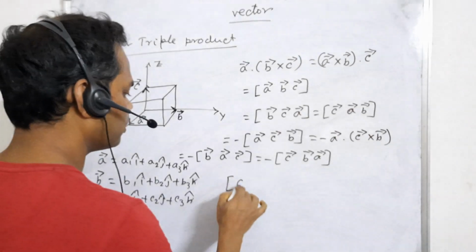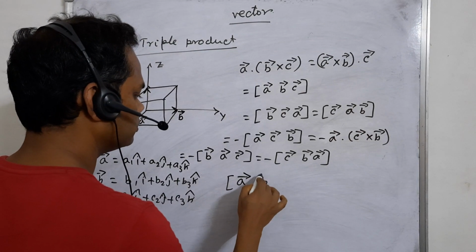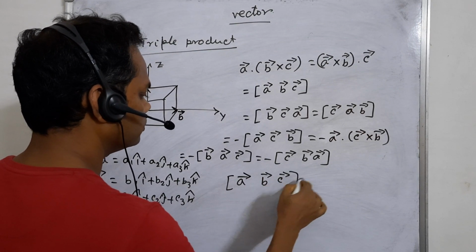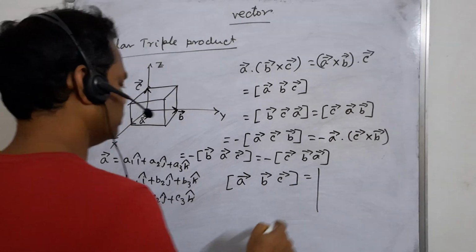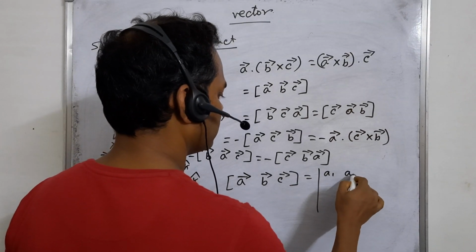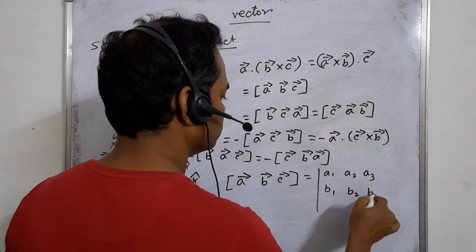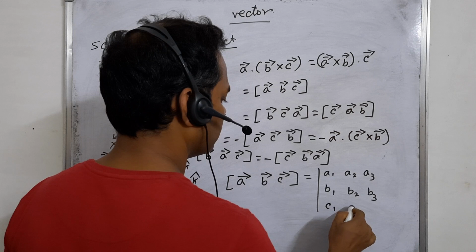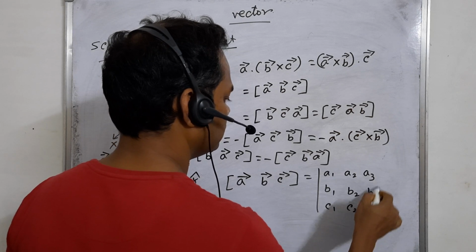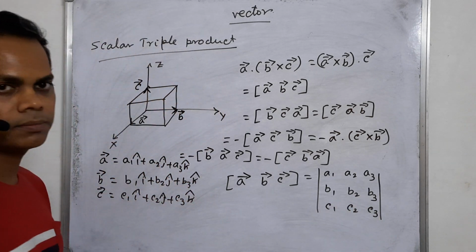Then box ABC is equal to the determinant of a1, a2, a3, b1, b2, b3, c1, c2, c3.